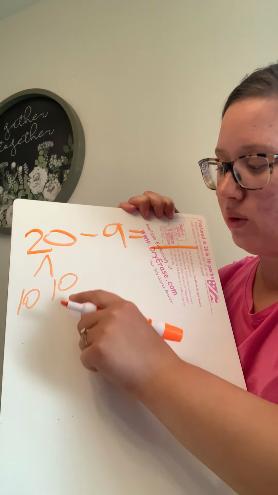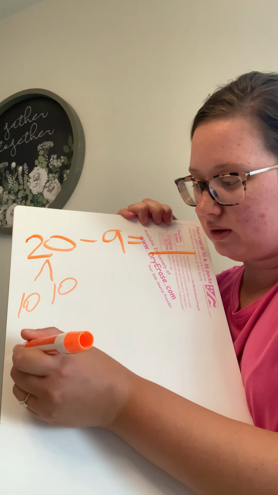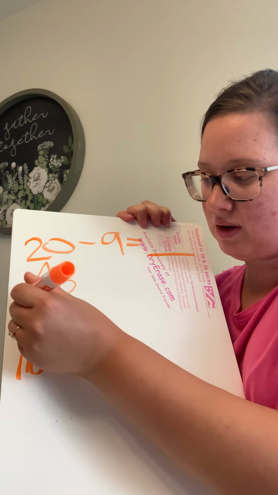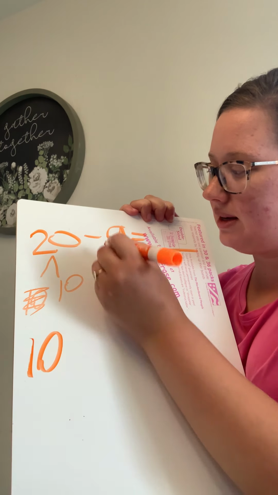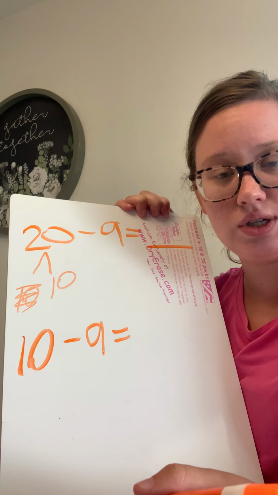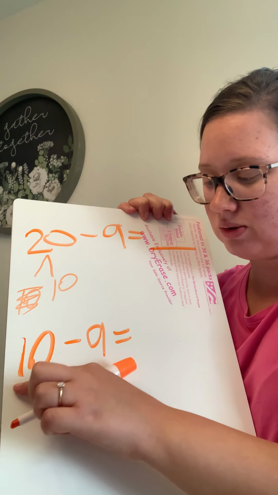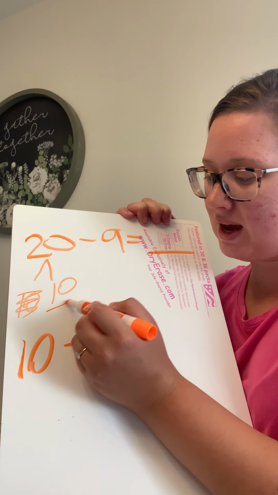And now we can take 10 away from 9. So I'm going to use this 10 here, so I'm going to scratch it out so I know that I used it. 10 minus 9. And that's a lot easier to solve than 20 minus 9. So 10 minus 9 is 1, but I still have this 10 here.